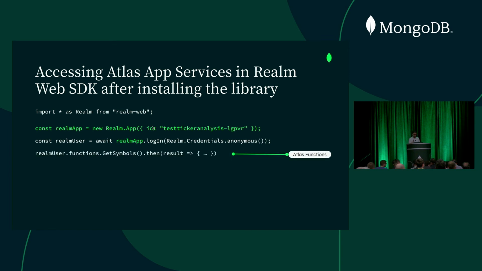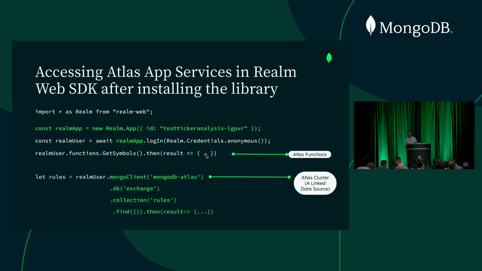After I log in and authenticate my application, now I can execute an Atlas function. For example, I have one function named getSymbols, and I can run this Atlas function in my React application. Then I get the result, and I can do further processing in the front end. Or I can access a linked data source, provide a database name and collection name, and then run some database queries.